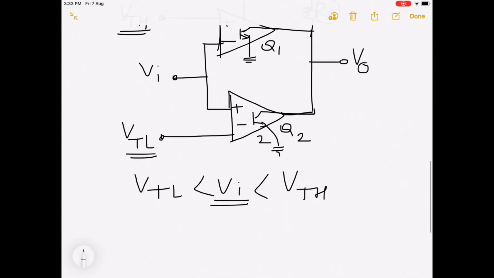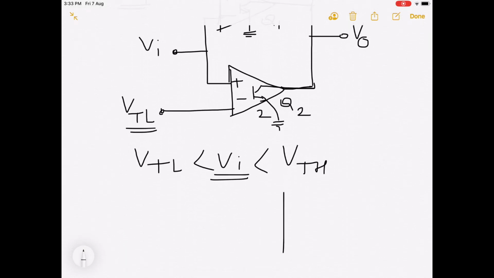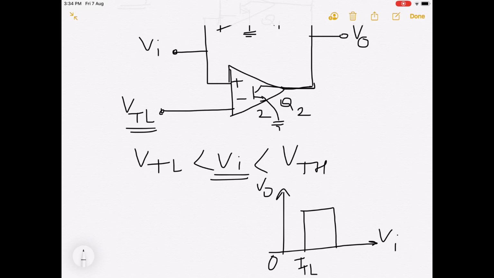So if you plot its waveform, it will be somewhat like this. This is Vi, okay. Then your input and output will be the VO. Okay. Now, your output will be like this, in that window your output will be high, and outside this window output will be low.